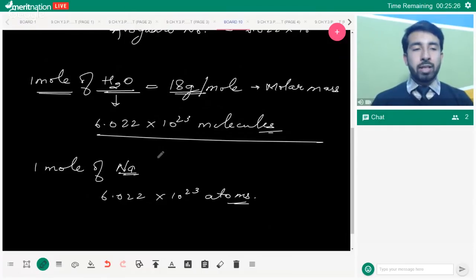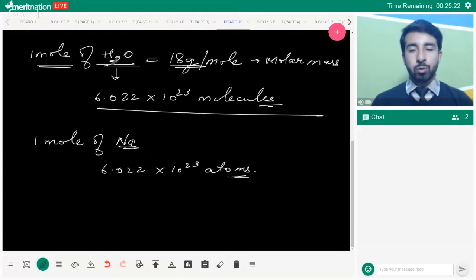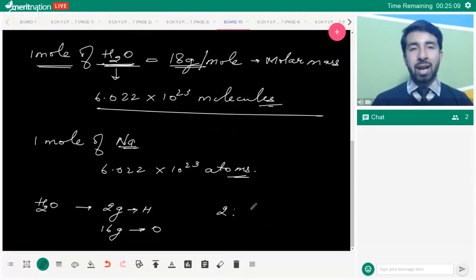Rinku, we have already discussed constant proportion. Let me explain it again. If we talk about water, in water we have two hydrogens, the mass of which would be 2 gram, and for oxygen it would be 16 gram. So 2 gram of hydrogen is combining with 16 gram of oxygen, and the ratio comes out to be 1:8.